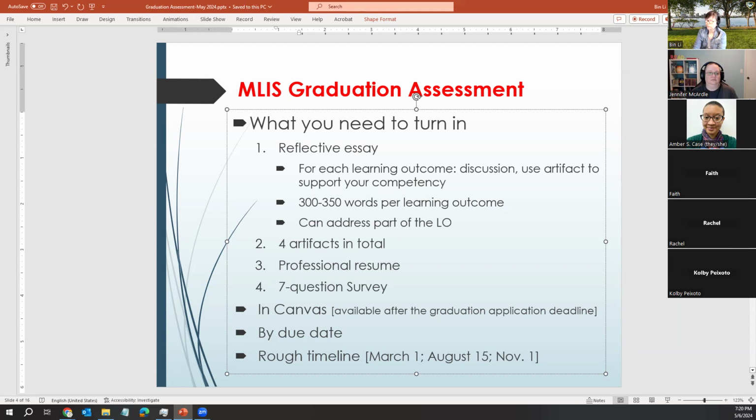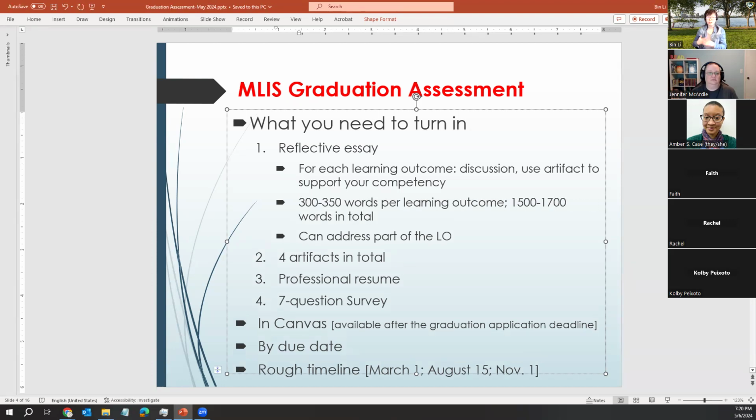I think in total it's about 1500 to 1700 words. A lot of students actually went over a little bit. It's okay if you went over a little bit.